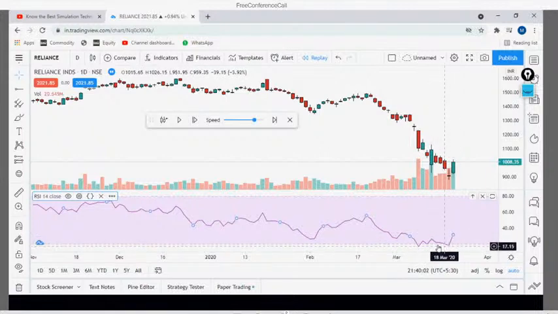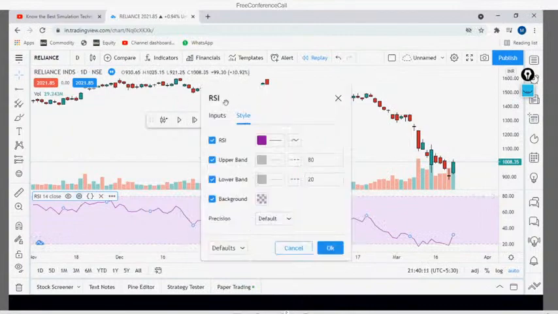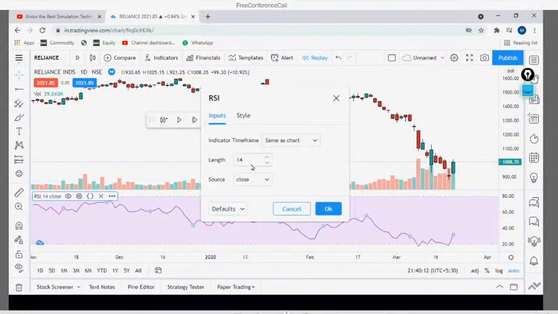Don't immediately buy when it comes to less than 15, 10 like that. Because this RSI depends on a parameter, that is the number of length you are taking. Suppose you have taken a 14 days period, it will just take the last 14 days.